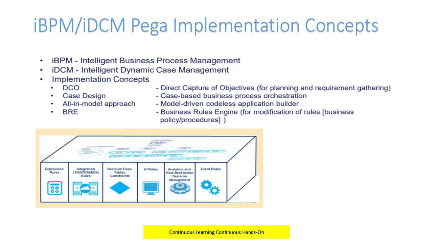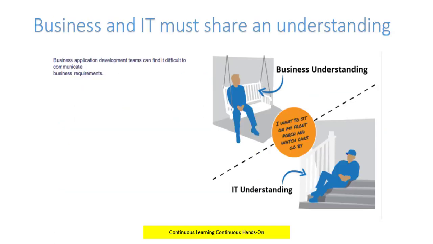We will also tell how we will gather those requirements. Okay, then coming to the common understandings of the business and IT. Now see, this is the business understanding of their requirements. There is a requirement where the users want to sit in front of a Porsche and watch the cars going in front of their house.